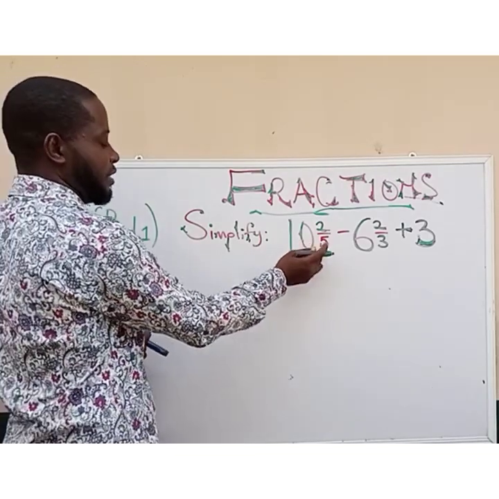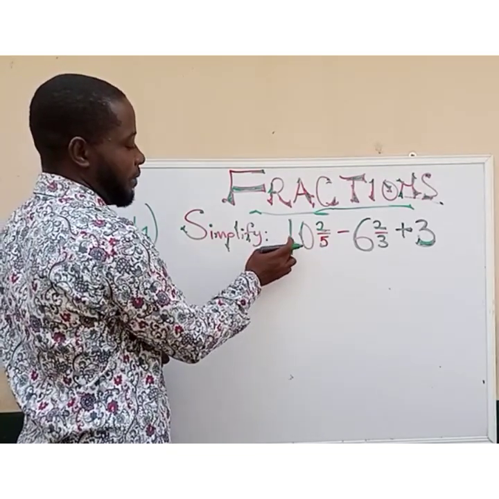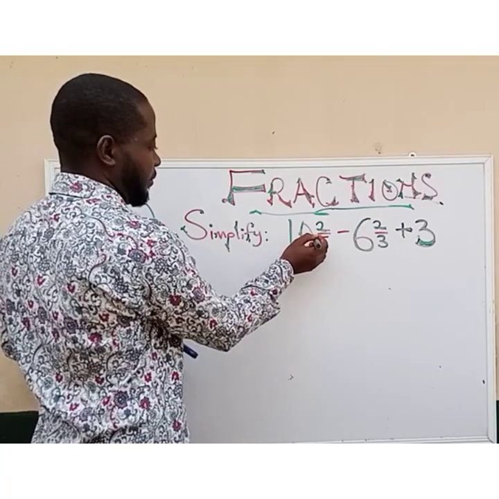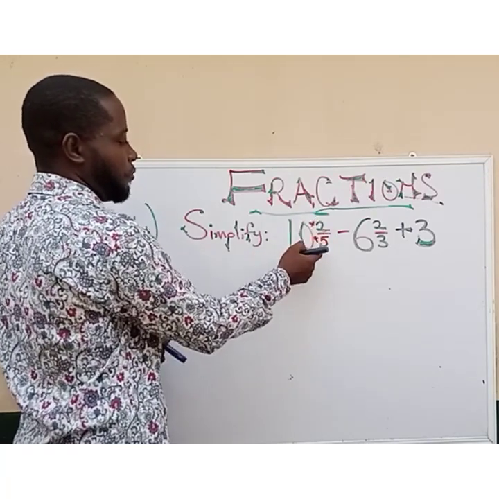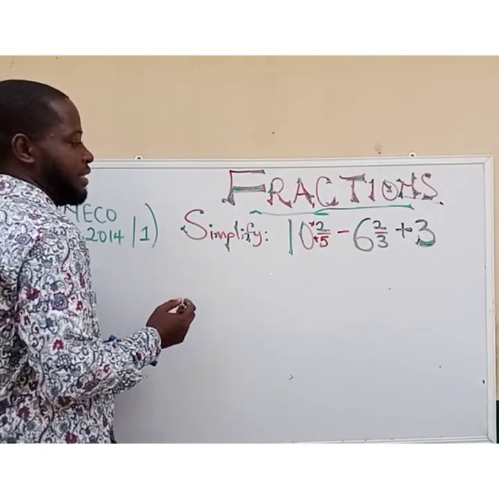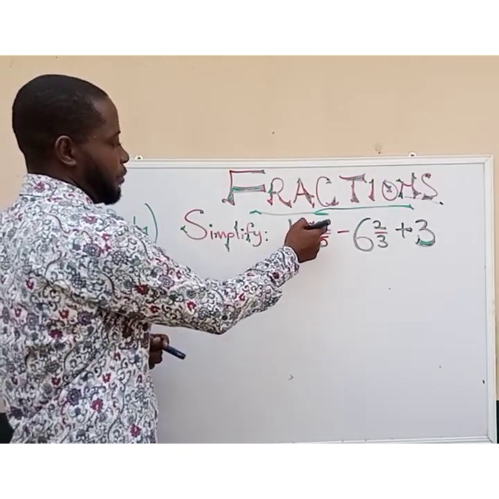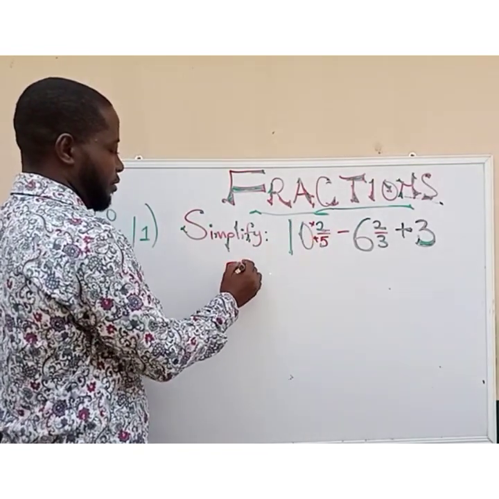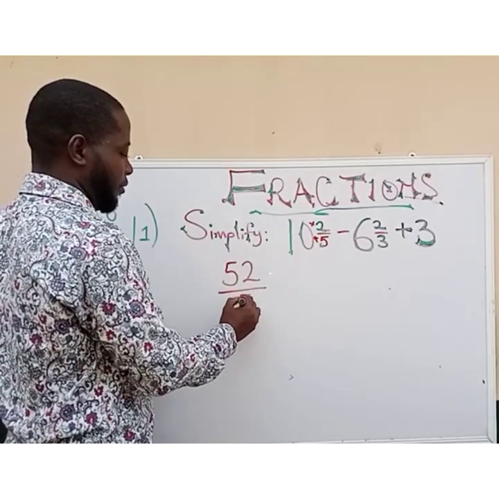Now, this is going to be 5 multiplied by 10, plus 2. So 5 multiplied by 10 is going to give us 50. 50 plus 2 gives us 52 all over 5.